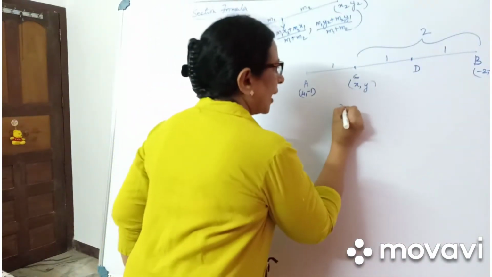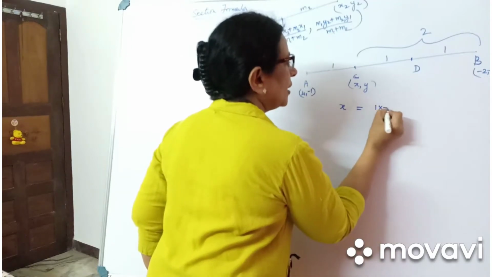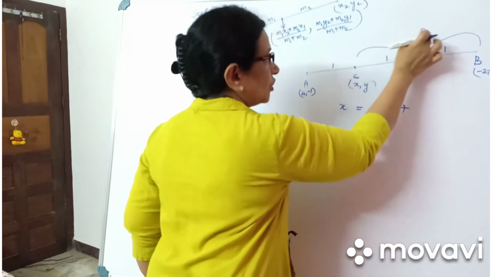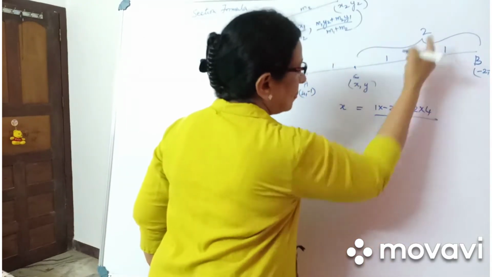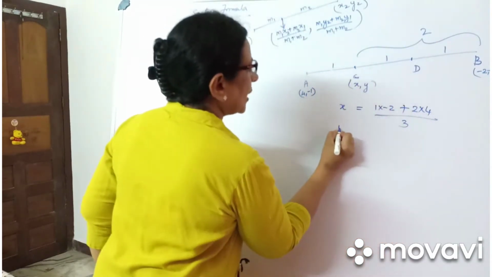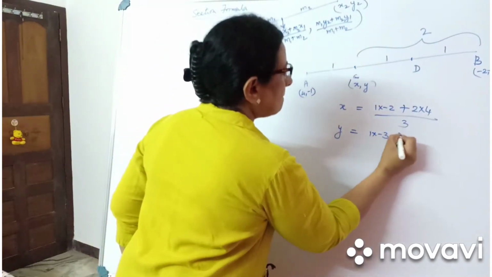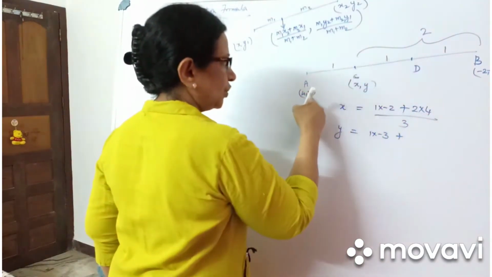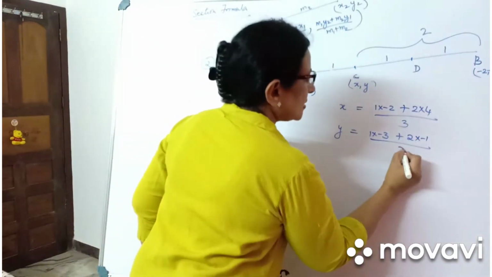Clear? So the x coordinate will be 1 into -2 plus 2 into 4 by 1 plus 2, which is 3. The y coordinate will be 1 into -3 plus 2 into -1 by 1 plus 2, which is 3.